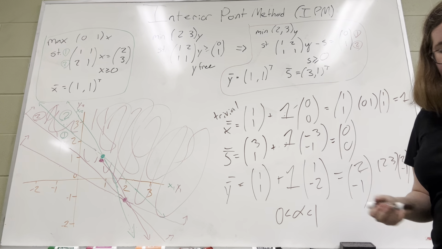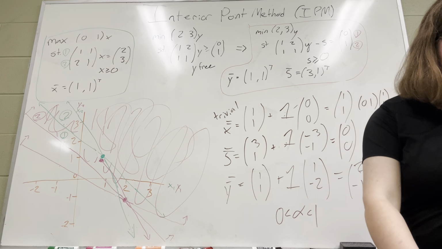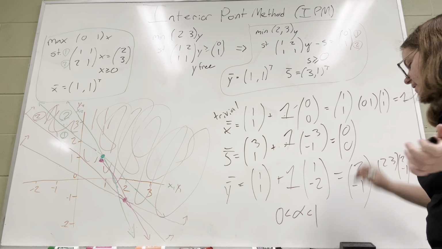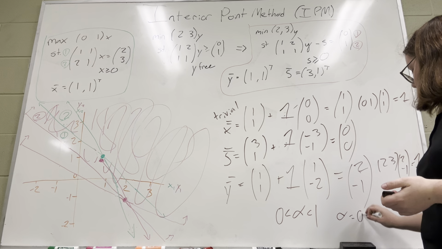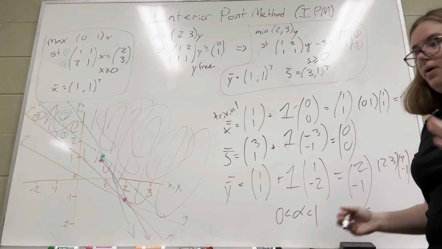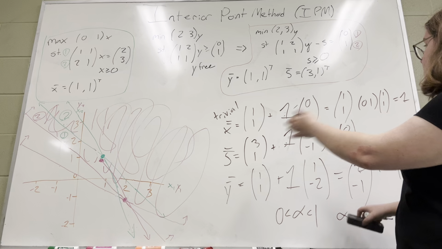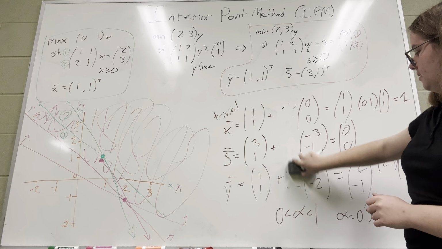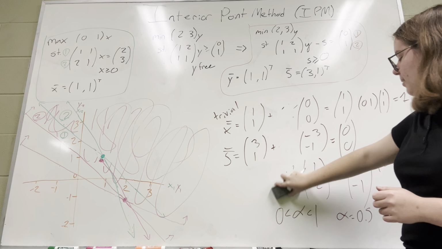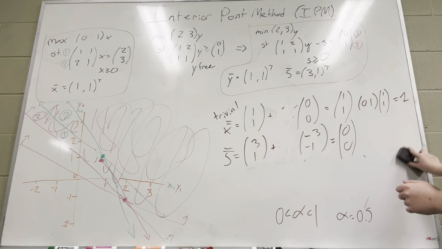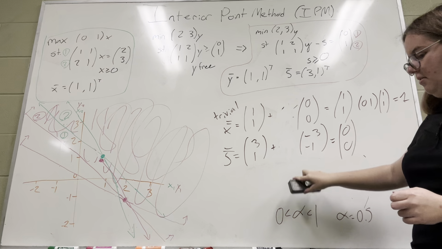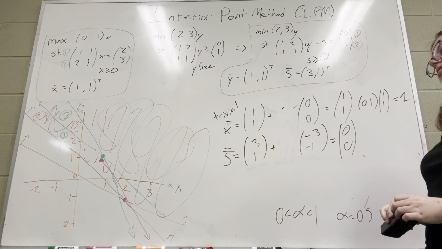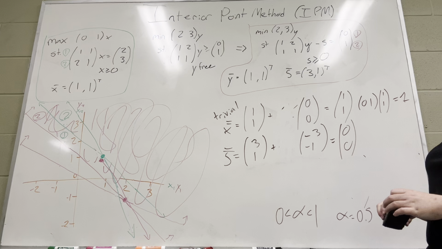So, say I didn't get alpha equal to 1. Something happened and say I just pick alpha equals 0.5. What then? Well, I don't even care about y bar right now, because I know it's not going to get me what I need. Actually, do you need to compute y bar again?